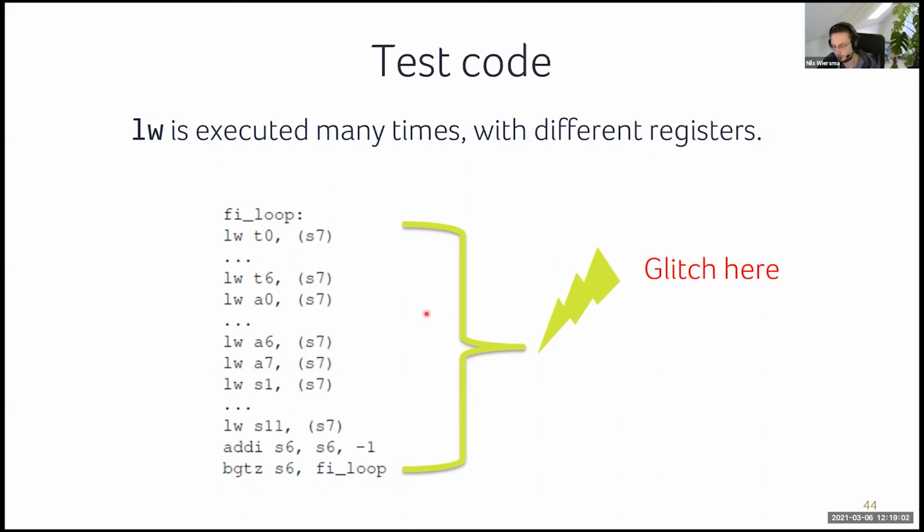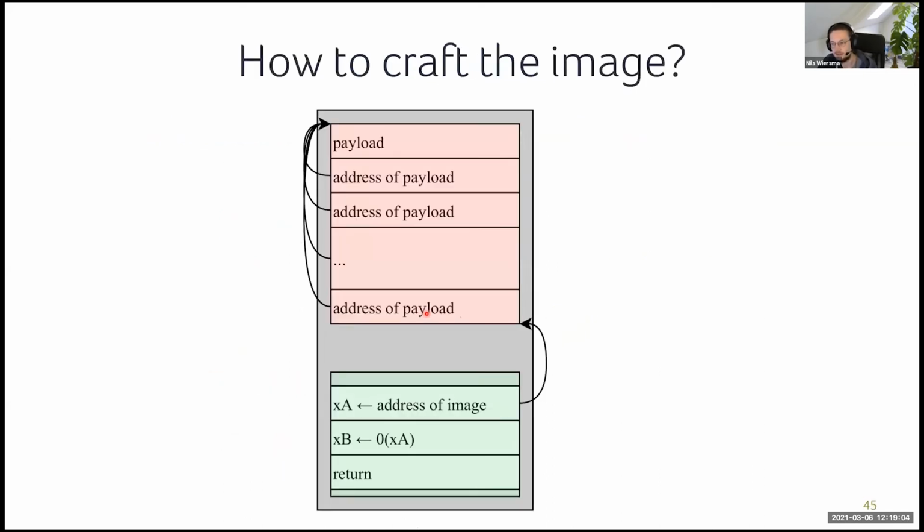And yeah, how this would look more or less in memory is that on the one hand, you would have this code that you trust, which is executing the memcopy, and it will copy into memory this untrusted data, which first contains the payload and then the address of that payload many times, so that every time you copy, this address of the payload is a potential place where a successful fault could happen.